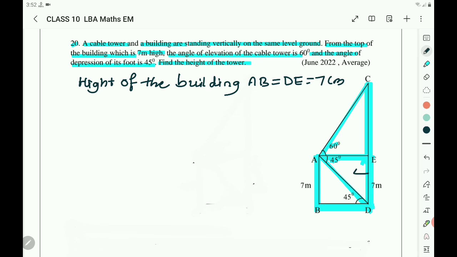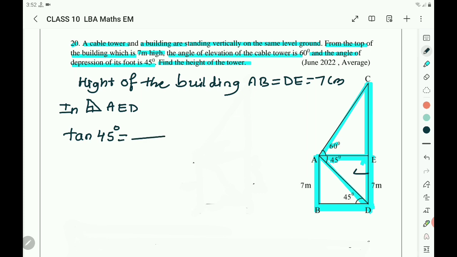Then you take this triangle. In the right angle triangle AED, which trigonometric ratio is having opposite side and adjacent side? That is tan. Tan theta is equal to opposite side by adjacent side. You take tan 45 degree because the theta is 45 degree.